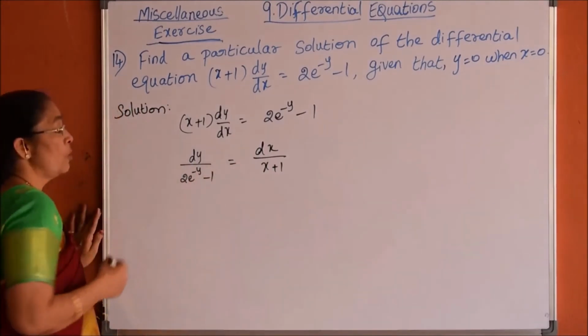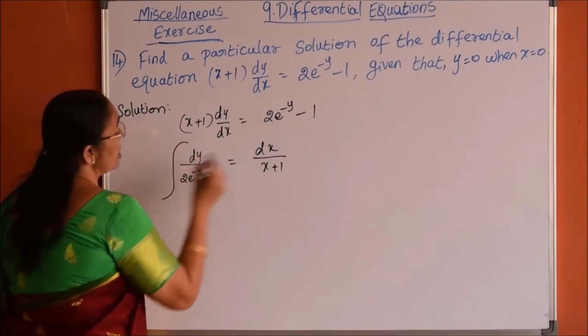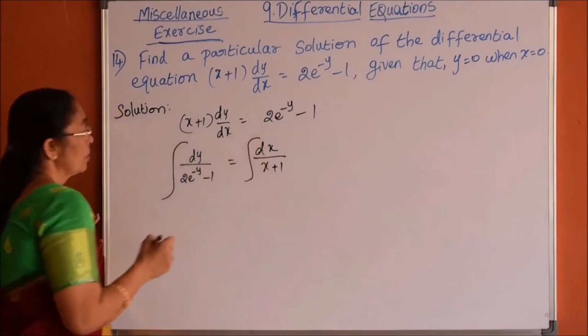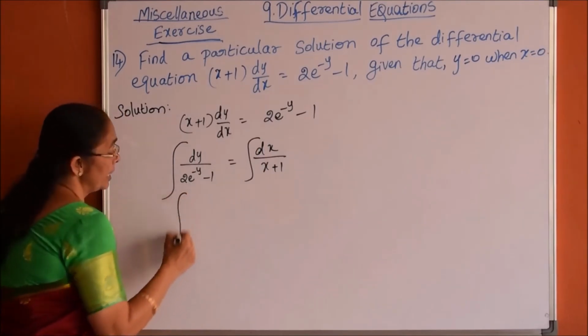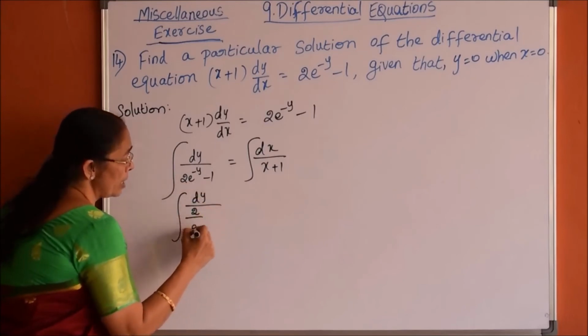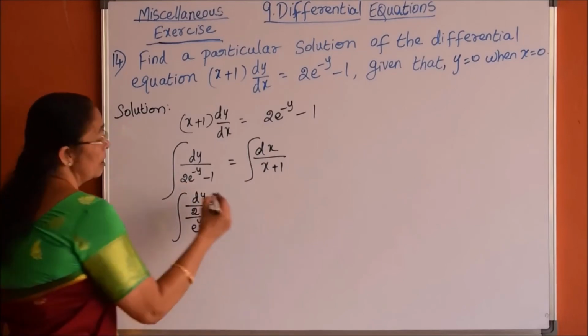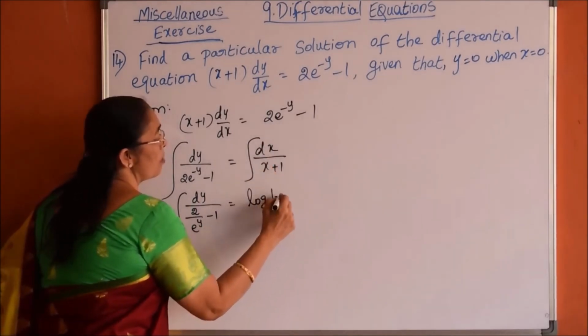So, we will solve now by the method of variable separable, integrating both sides. Now, here we can rewrite this as integration of dy divided by (2 by e power y minus 1), which is equal to, here integration of dx by x plus 1 is log mod x plus 1.